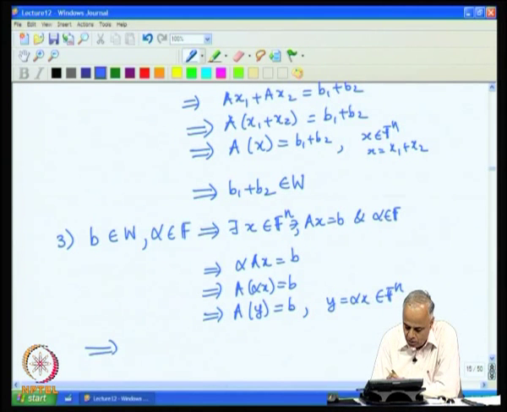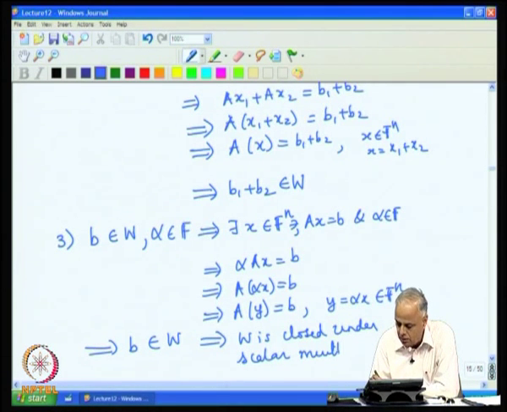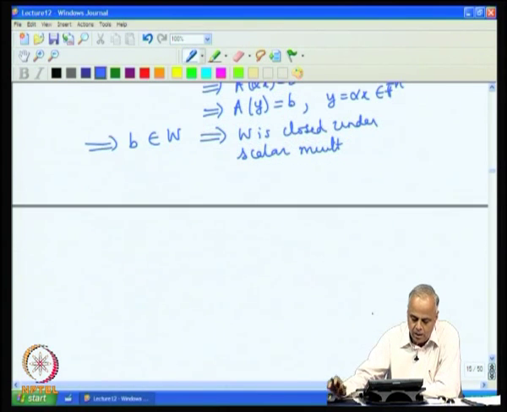So, therefore, B qualifies to be in W, which says W is closed under scalar multiplication. Thus, what do we get?